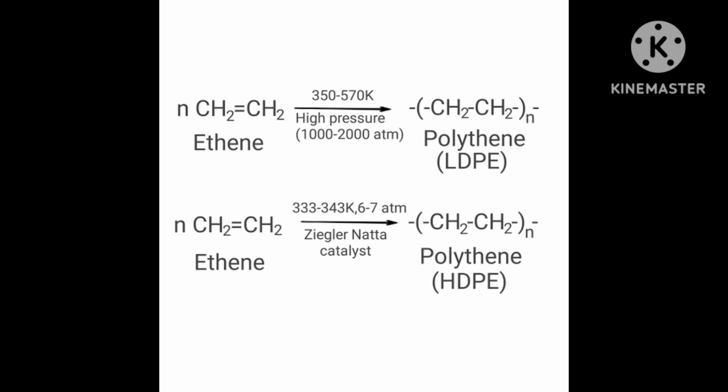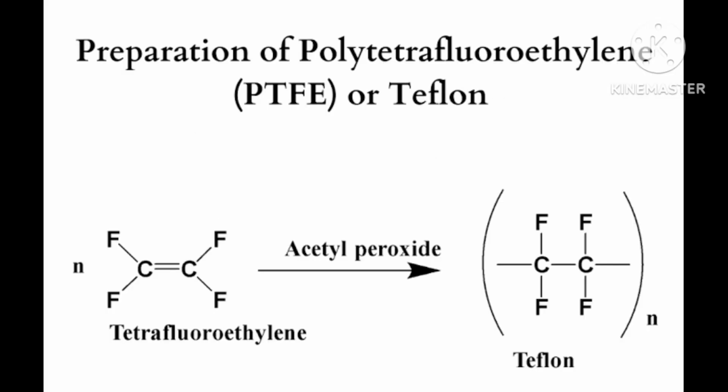Low density polythene is chemically inert and tough but flexible and a poor conductor of electricity. Means electricity cannot pass through this low density polythene. It is a poor conductor of electricity. Hence, it is used in the insulation of electricity carrying wires and manufacture of squeeze bottles, toys, and flexible pipes.